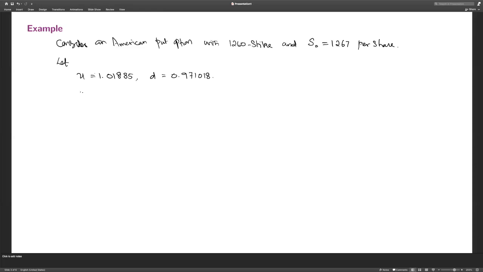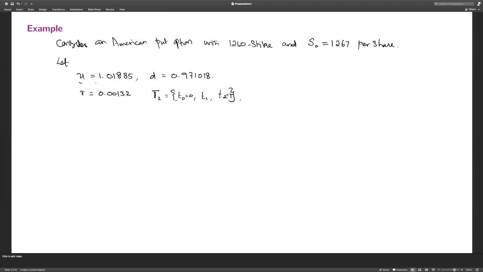Also, let us take R equal to 0.00132, and we take the time partition as T_0, which is 0, T_1 and T_2. That is, n is equal to 2 we will take.